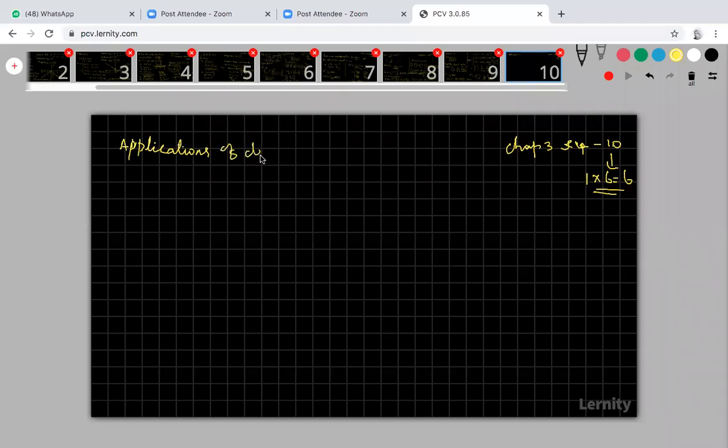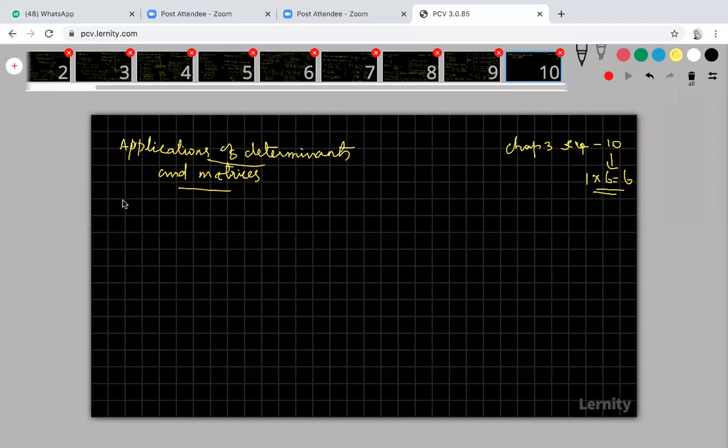Applications of determinants and matrices. Okay, right.